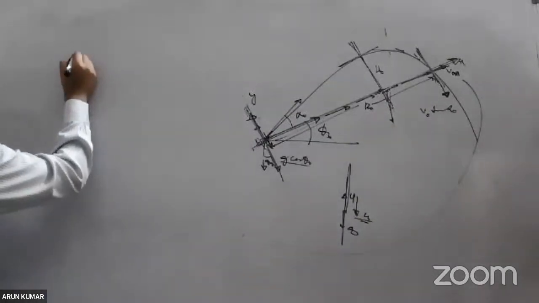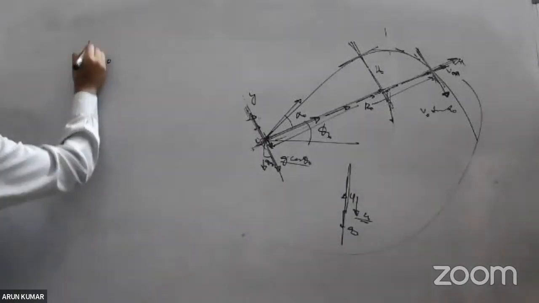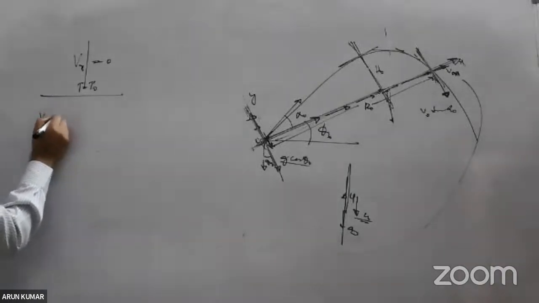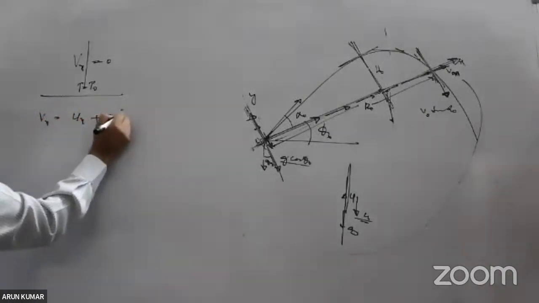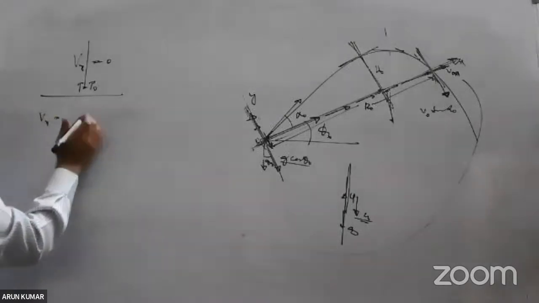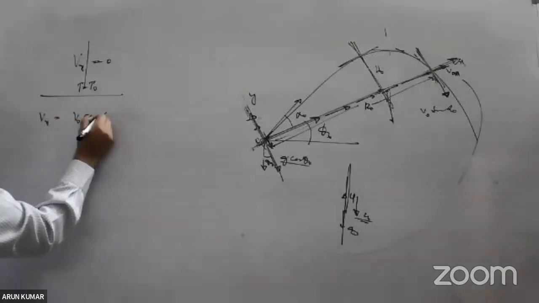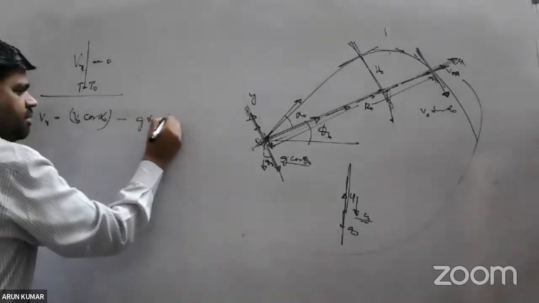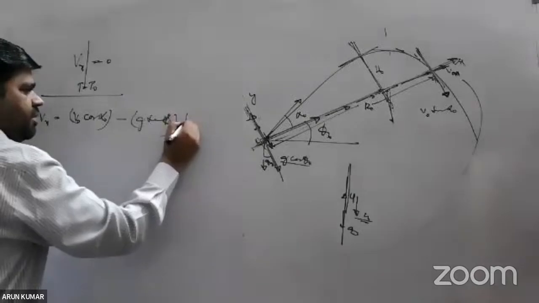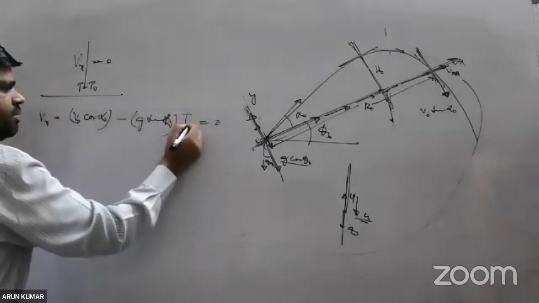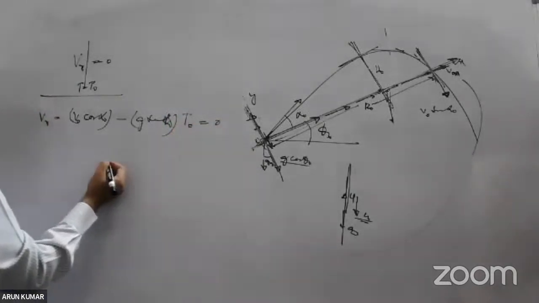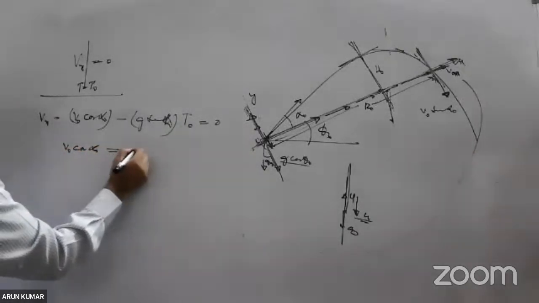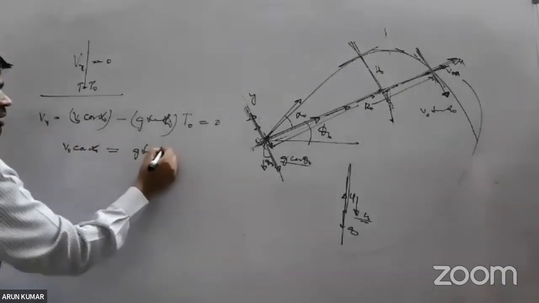So I will write Vx is equal to 0 at time t equal to t naught. So Vx is equal to ux plus at, which is v naught cos alpha naught minus g sine theta naught into t equal to 0. And this t is the time of flight. So v naught cos alpha naught is equal to g sine theta naught t.